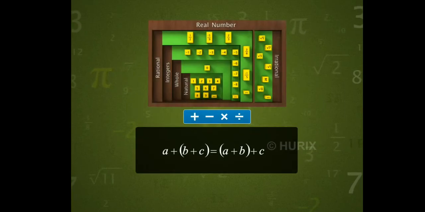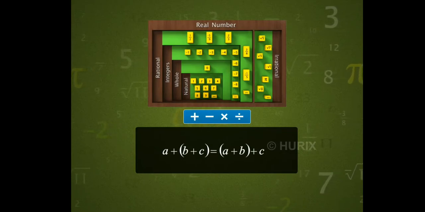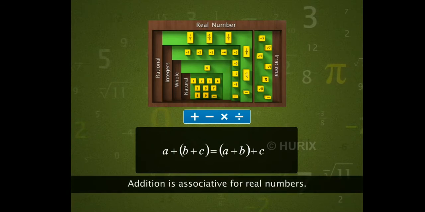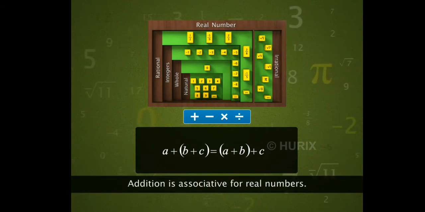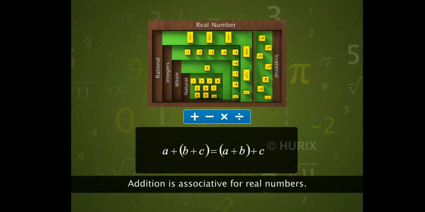Therefore, in general, we can say that for any three real numbers a, b, and c, (a + b) + c is equal to a + (b + c). Thus, we can say addition is associative for real numbers. The associative property helps us to add more than two numbers.